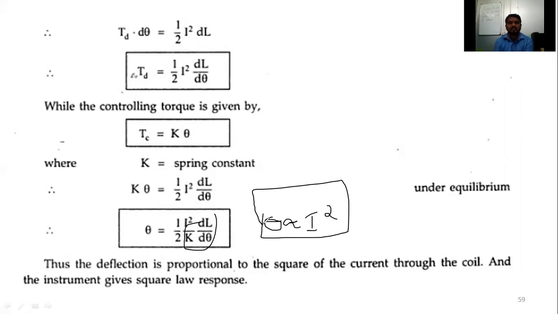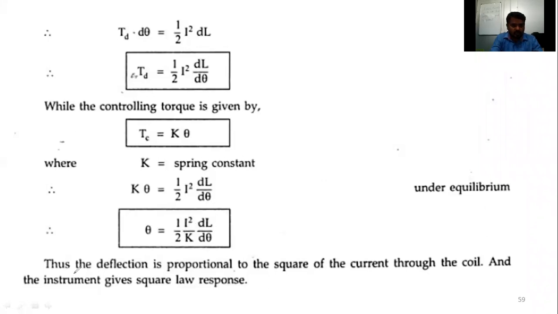For the moving iron instrument, the scale is not uniform because the deflection is the square of the current. So the deflection is proportional to the square of the current through the coil, and the instrument gives a square law response.